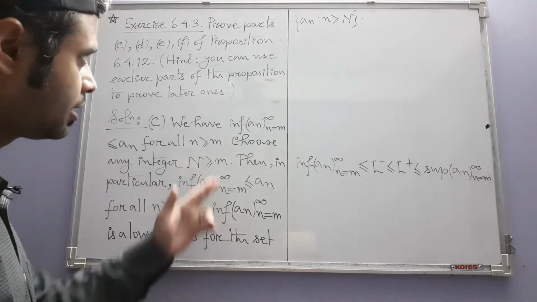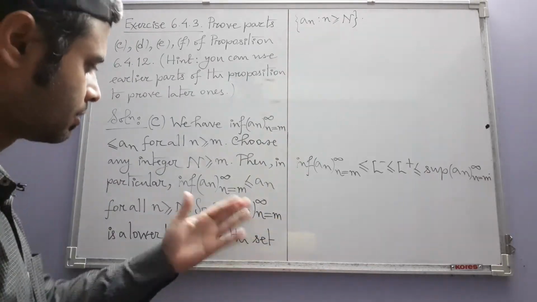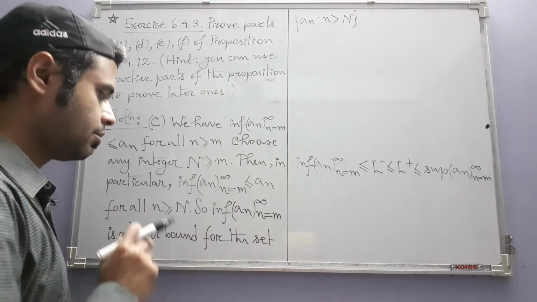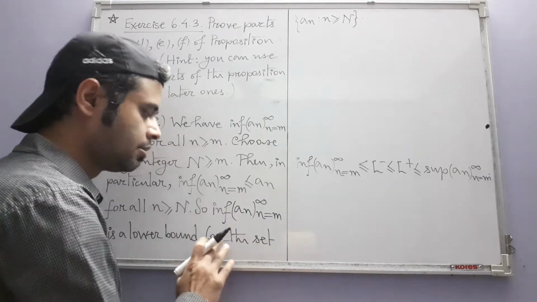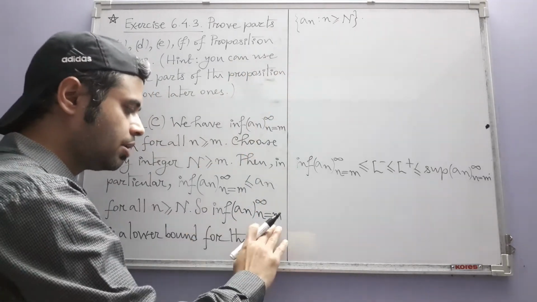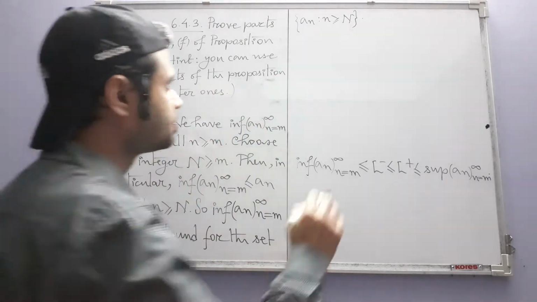Okay, all the an's where n varies like this are greater than or equal to this infimum, so that means it's a lower bound. And then what will this imply? This will imply that this is some lower bound of this set, so this will be less than or equal to the greatest lower bound of this set.